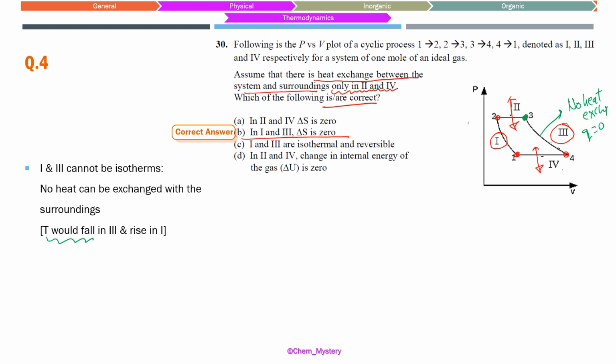And if the temperature is decreasing, then to keep it constant for an isothermal process, heat must be absorbed. There must be a plus Q associated with this process, right? Because heat cannot be exchanged here, this cannot be an isothermal process. It can possibly be an adiabatic process.